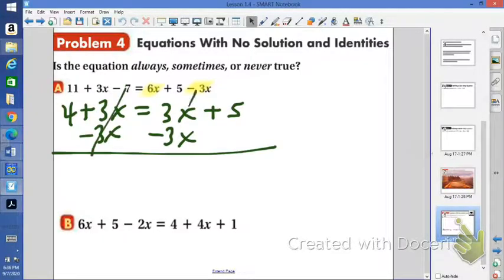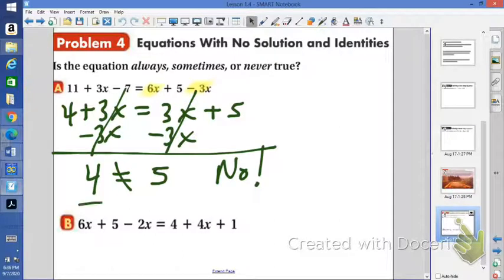Alright, what results is the 3x and the negative 3x, they cancel on both sides, so we're left with 4 equaling 5. Now, does 4 equal 5? No, 4 does not equal 5.